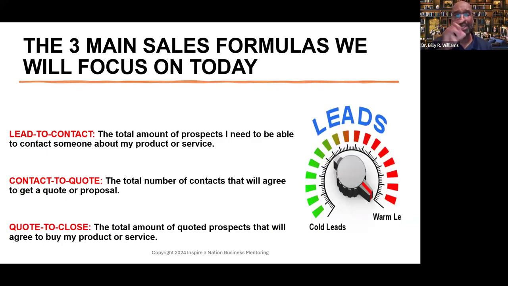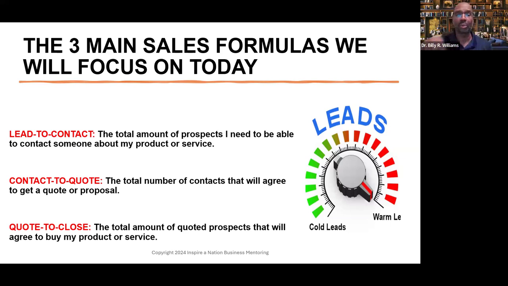We're going to focus on three main sales formulas. Lead to contact, which is the total amount of prospects I need to be able to contact in order to talk to someone about my product or service. This is that big pool that's just sitting out there. Then there's contact to quote. I went through a whole bunch of rigmarole, as us Southern folks say, in order to contact you, and now I've got to convince you to quote.